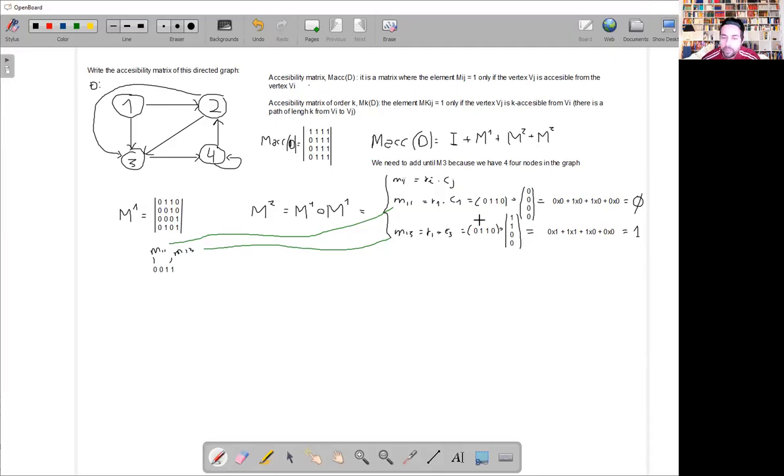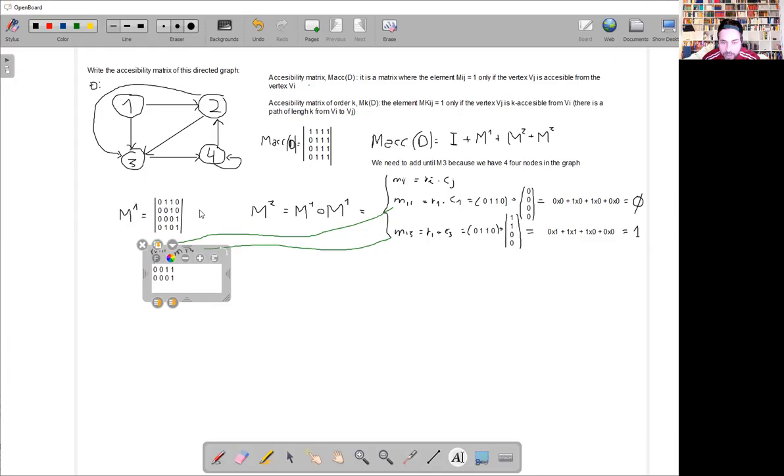Just do the operations one by one for each of the positions in the matrix. We pass to the second row, and now we take the second row and multiply it by each of the columns, right? So this is by the first column, by the second column, by the third column, and by the fourth column.